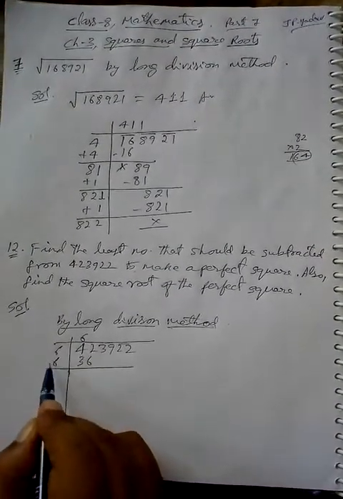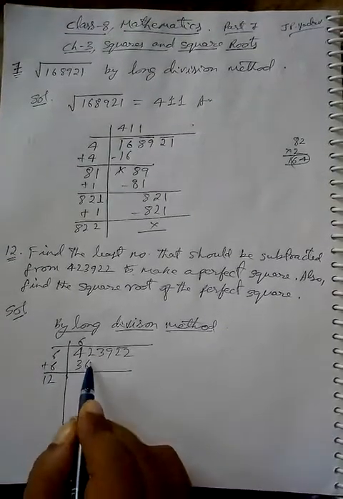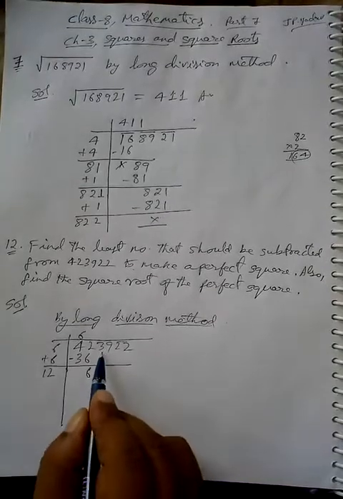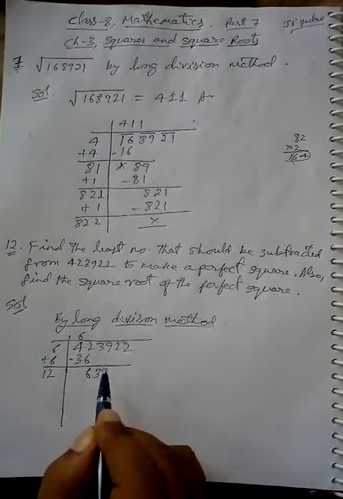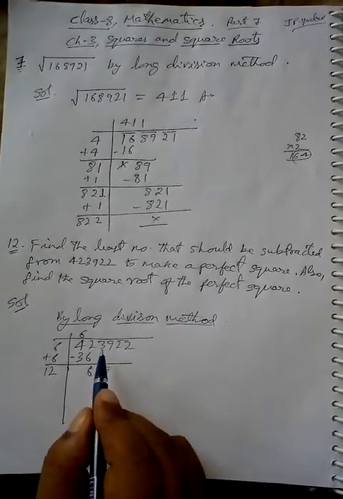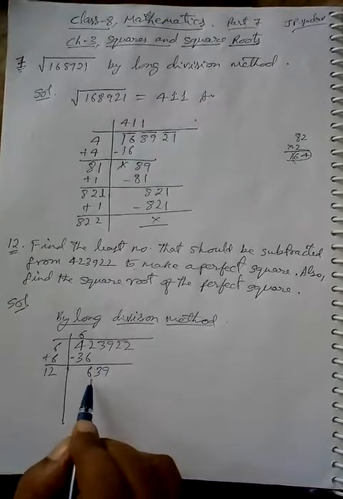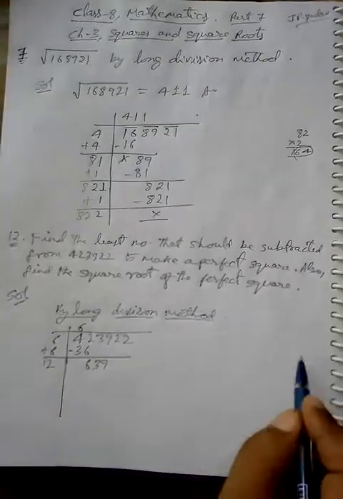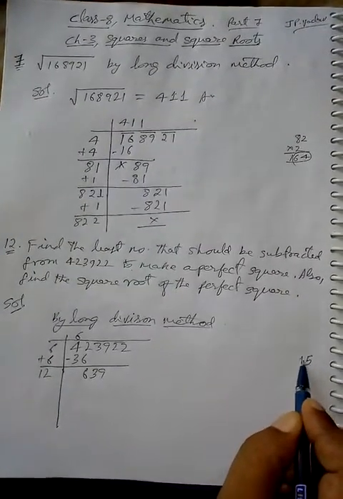Now 6 will be added here, it becomes 12. Here we get 6 as remainder on subtracting this. Take down 39, the second period. Now divide 639 by 12. So 12 5s are 60. So I will take 5.